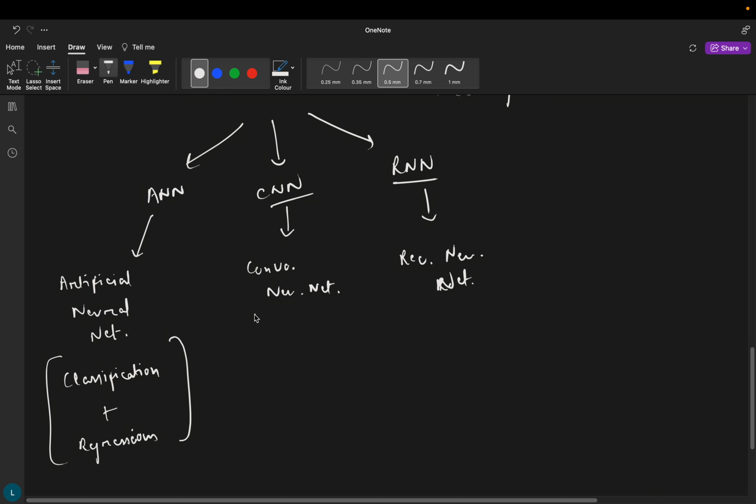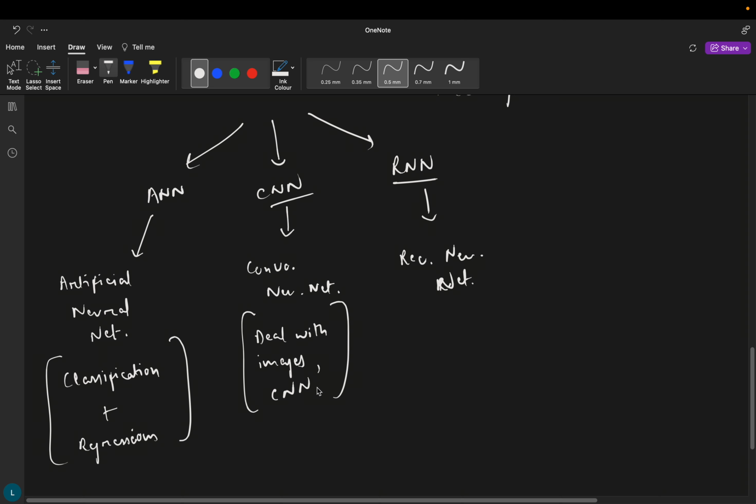Then there comes the convolution neural network. In CNN, you play with images or videos or live cameras and all of these things. Basically, when you deal with images, you use CNN.